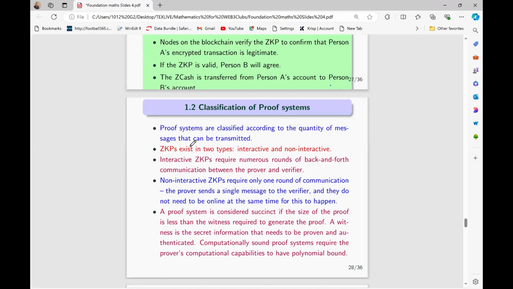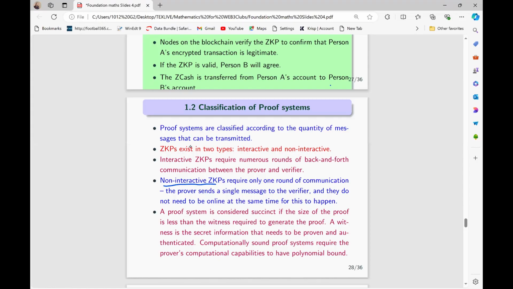So the best zero knowledge proofs for blockchain are what we call the non-interactive zero knowledge proofs. These require one round of communication. The prover sends a single message to the verifier, and they do not need to be online at the same time for this to happen. So that is the advantage.